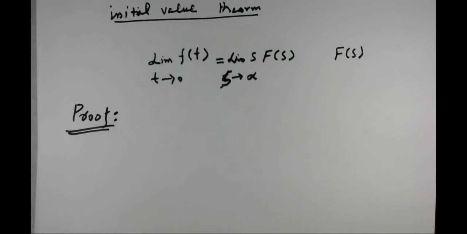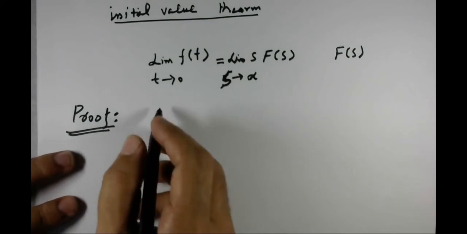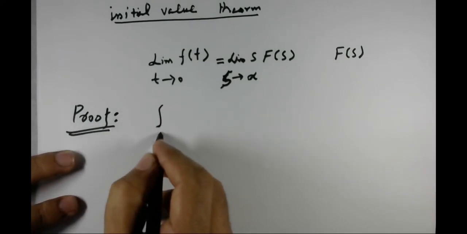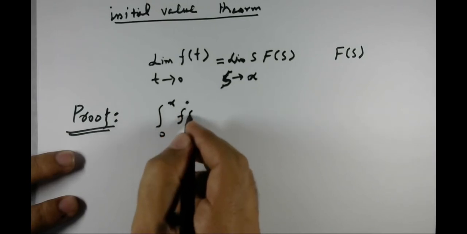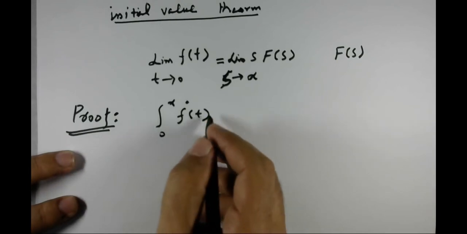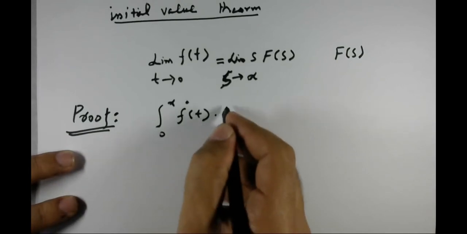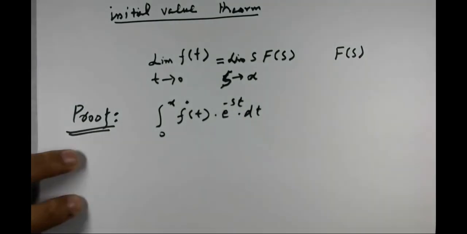To prove this, we're going to need this function. We need to integrate from 0 to infinity the derivative, f dot means derivative of f, e raised to the power minus st times dt. I just need to evaluate this derivative.